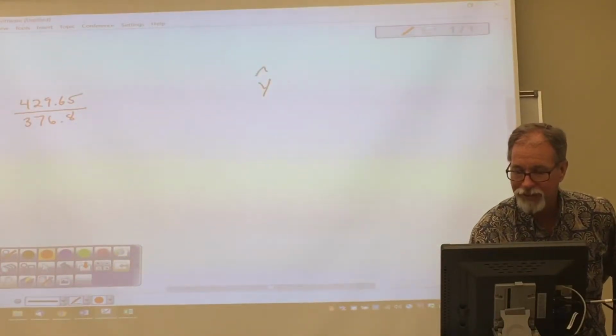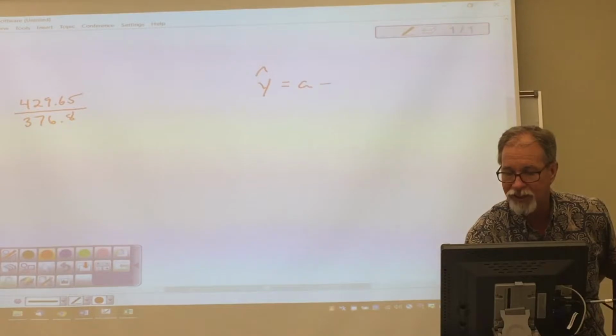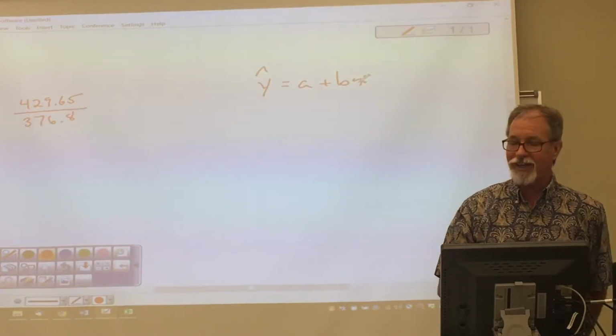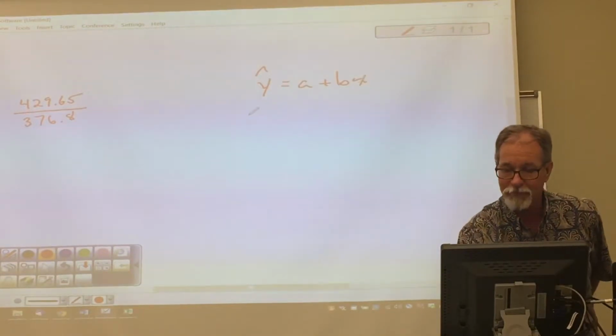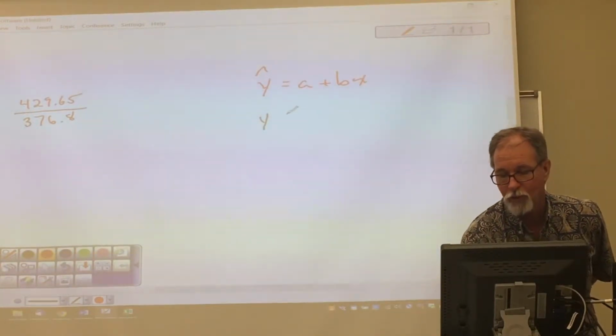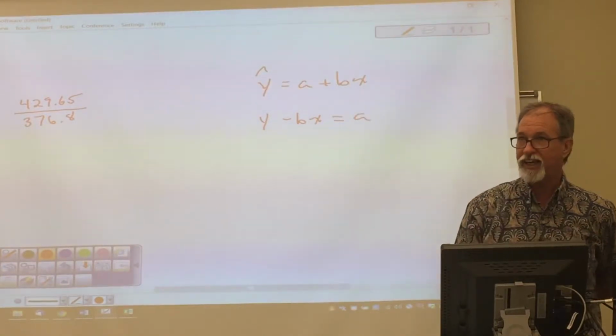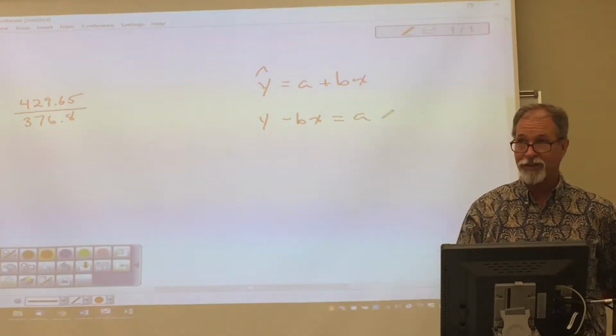Y cap equals A plus BX. We want the A. So that means I have to take Y and subtract BX, which will give me A. I just rewrote the formula.